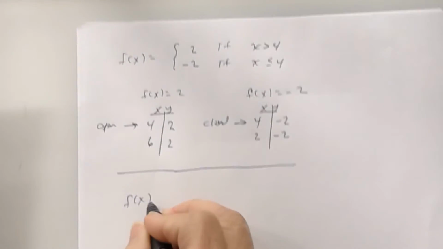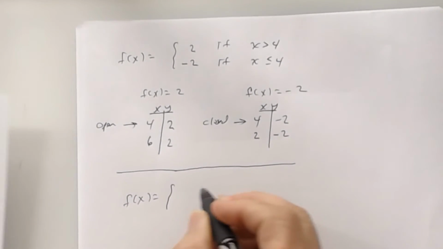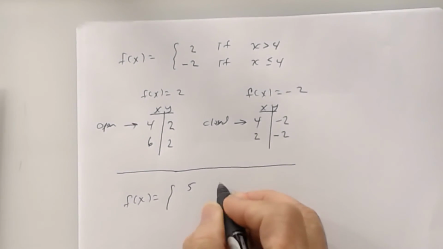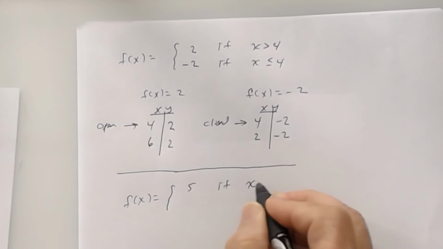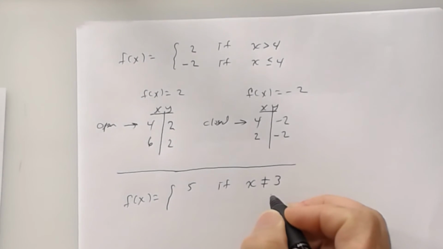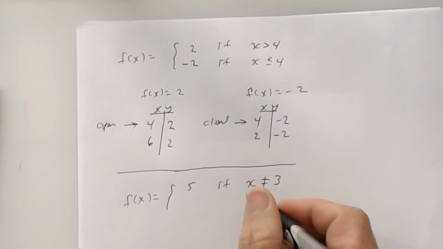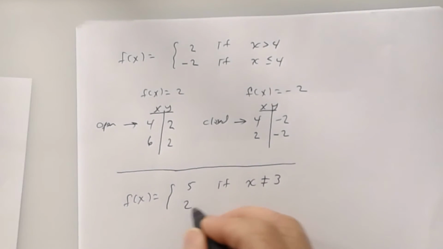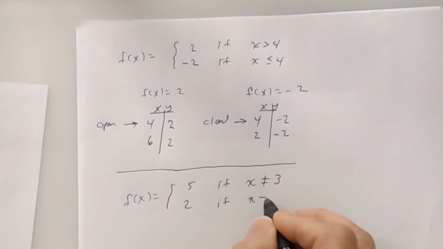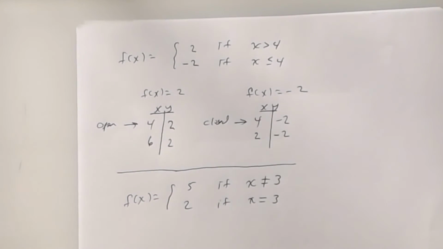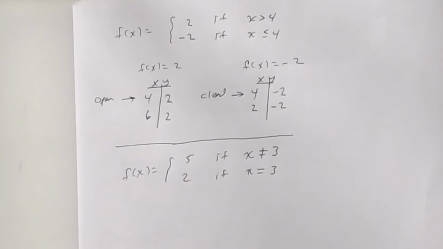Suppose f of x is equal to 5 if x does not equal 3. We did some does-not-equals earlier. 2 if x does equal 3. Let's think about that for a moment.